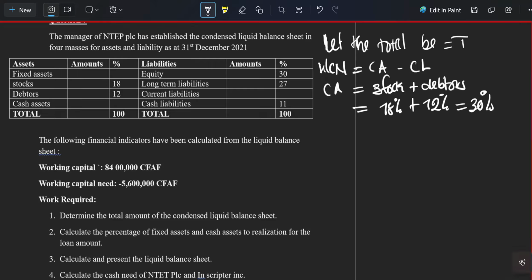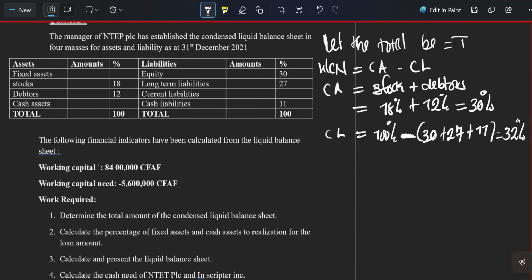Now we come to current liabilities. Current liabilities will be 100% minus 30% plus 27% plus 11%. If we work it out, we're going to have 32%.